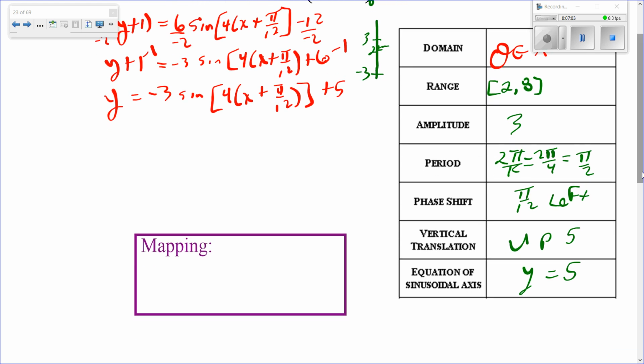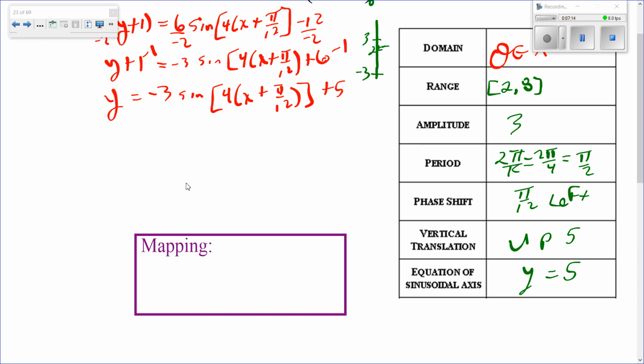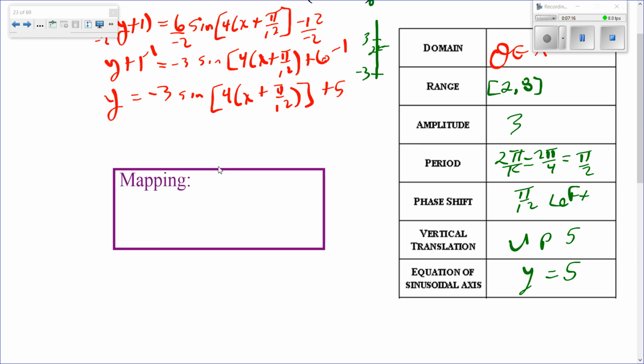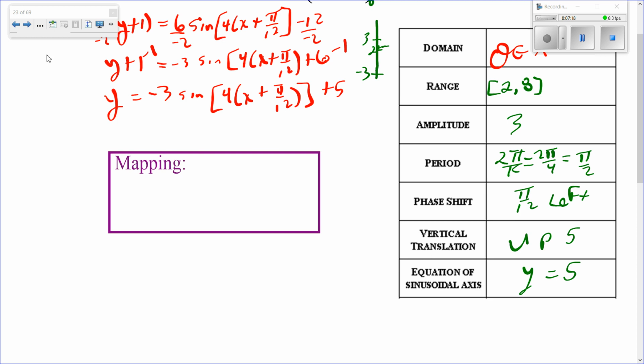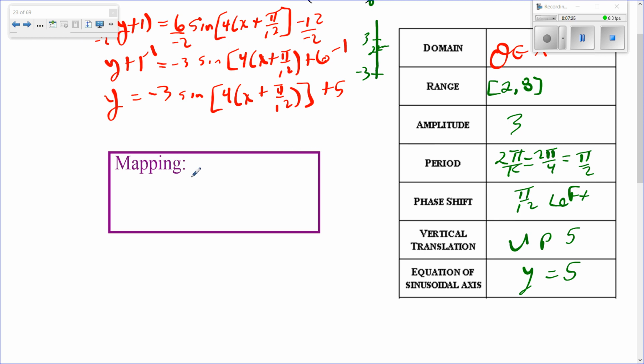So the next thing I'm going to do is write a mapping to go along with this function. So I'm just going to move things around a little bit here. If you look at this function and you're going to write out a mapping to go with it, well, our mapping will be, so this graph has x and y.